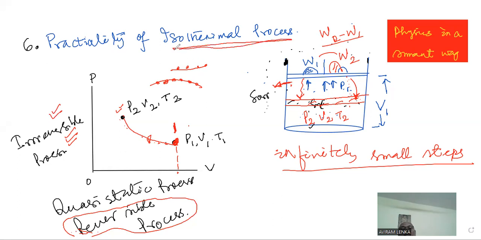be done in a way where the system and surrounding have a perfectly conducting wall, so that heat can be transferred, and the process should be done in such a slow way, in infinitely small steps with sufficient time gap in between, so that heat has got time to be transferred between the system and surrounding.